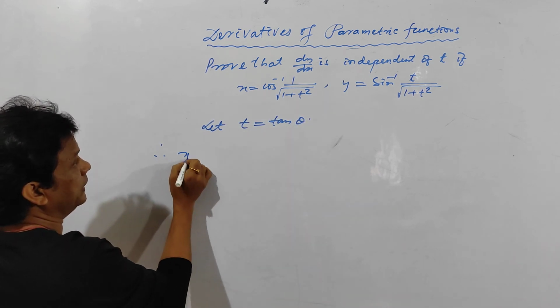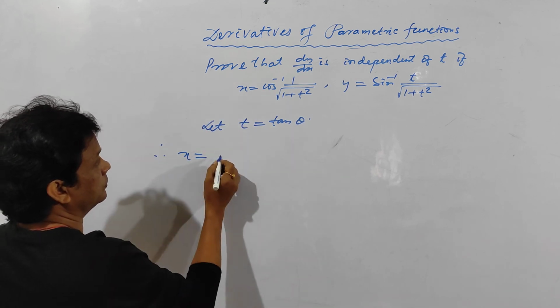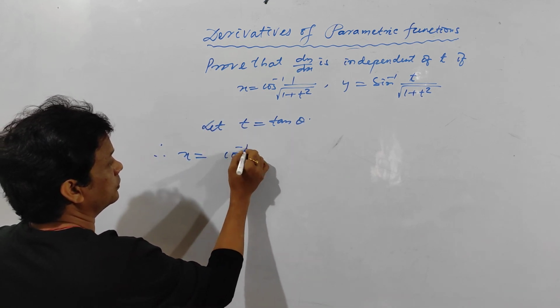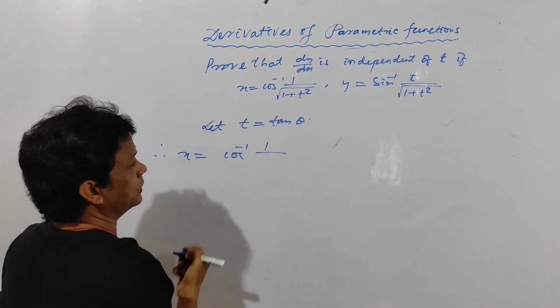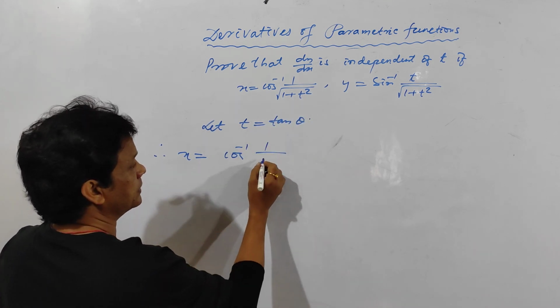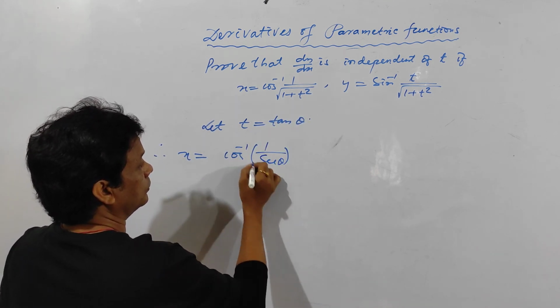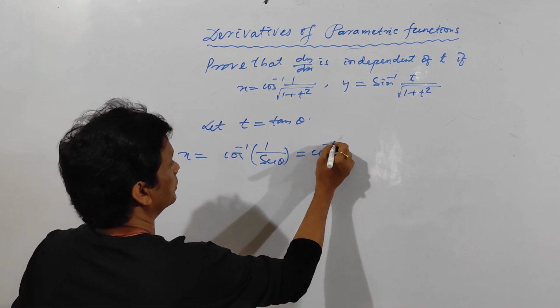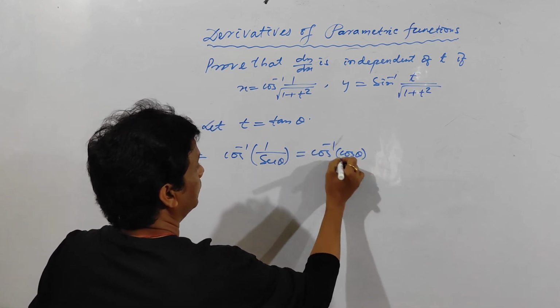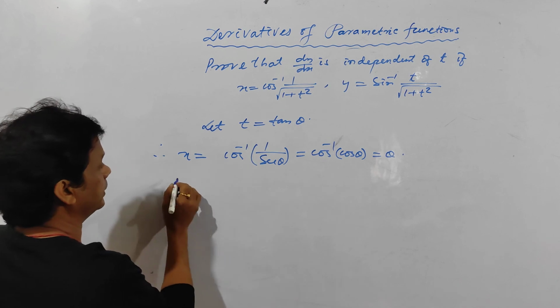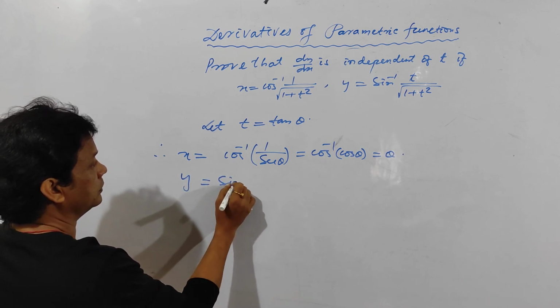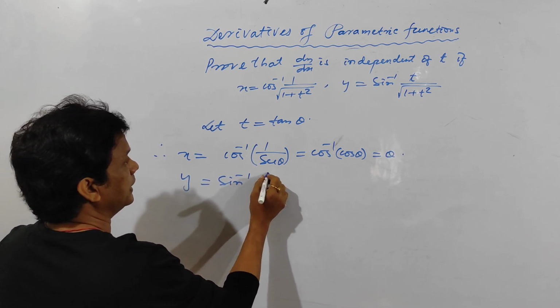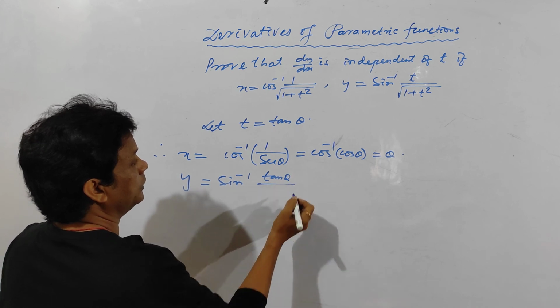So therefore x is equal to cos inverse 1 by root over 1 plus tan square theta. It is sec theta. So it will be cos inverse cos theta. It will be theta.